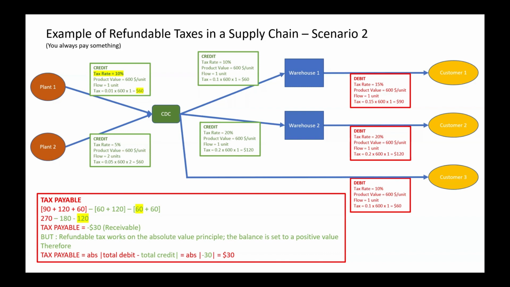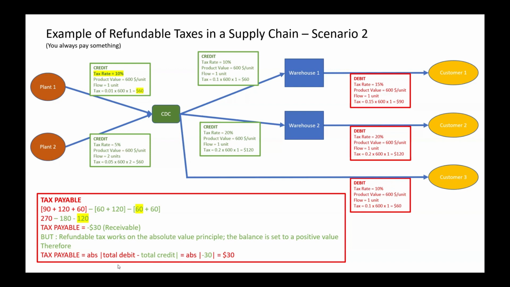The model is exactly the same as the previous one. After summing all the credit and all the debit, we find out that the credit is in excess by $30, which means that technically you should receive this money, but obviously the government will not pay you back. In the previous scenario, this minus 30 just translates to 0 using the maximum function.